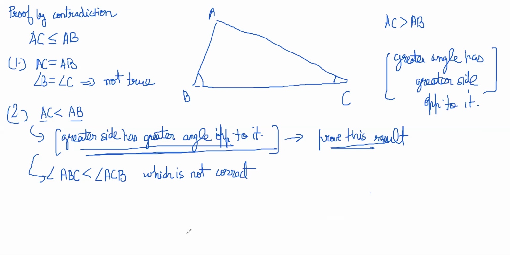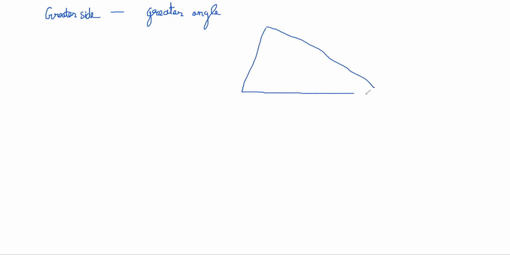So what we have to prove is greater side has greater angle opposite. I will draw a triangle and label it A, B, C, and let AC be greater than AB.